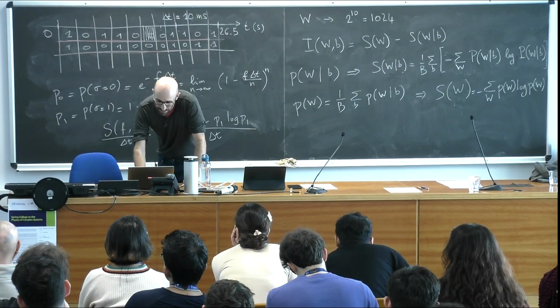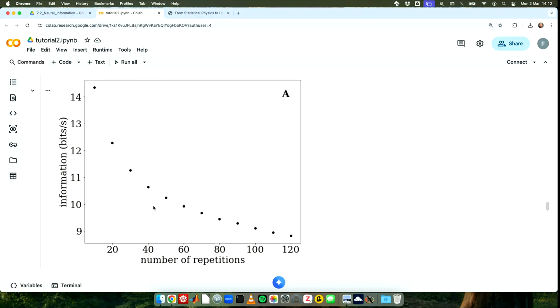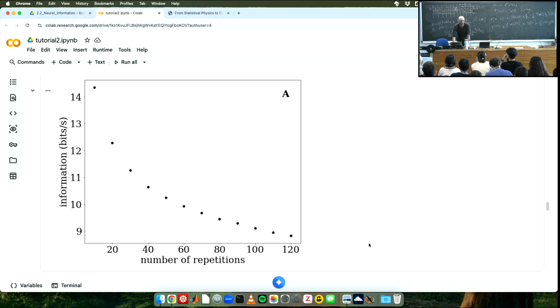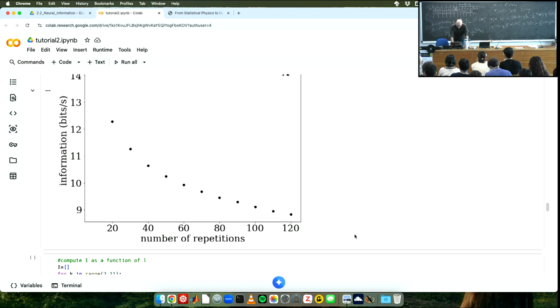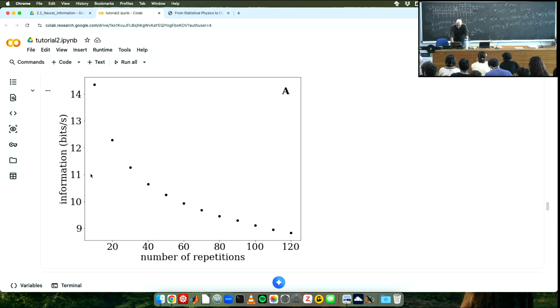And this is how the information depends on the number of repetitions. So you see it's converging. It's not really yet converged. They should have done a bit more. But of course, when you do experiments, you have strong limitations on time and money. So of course, at some point you stop. But anyways, you see it's kind of converging. The scale here is not going to 0. So I mean, it's converging to somewhere.